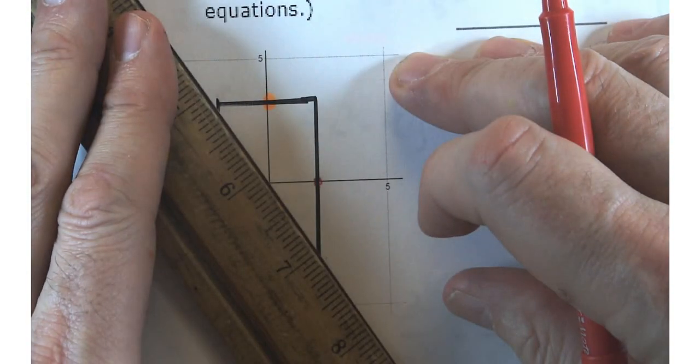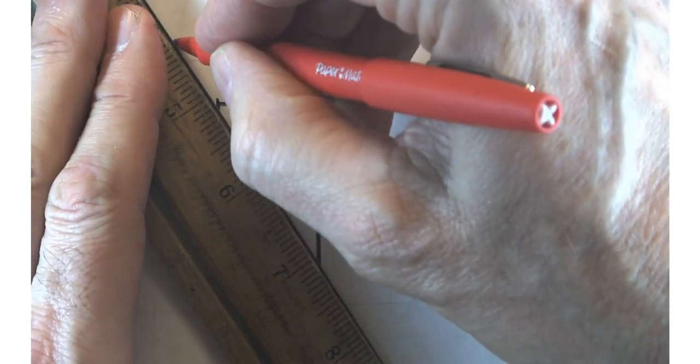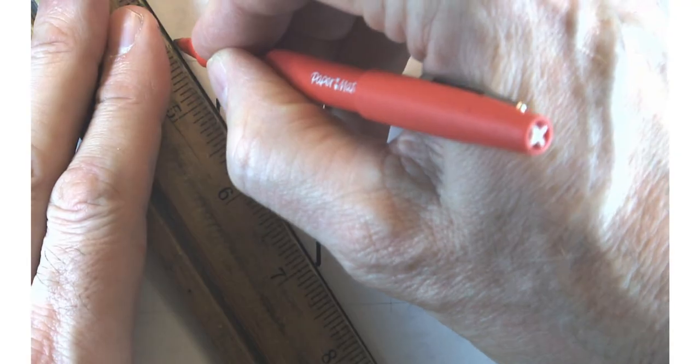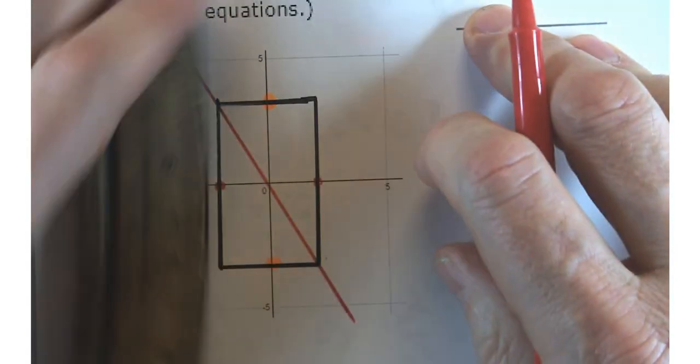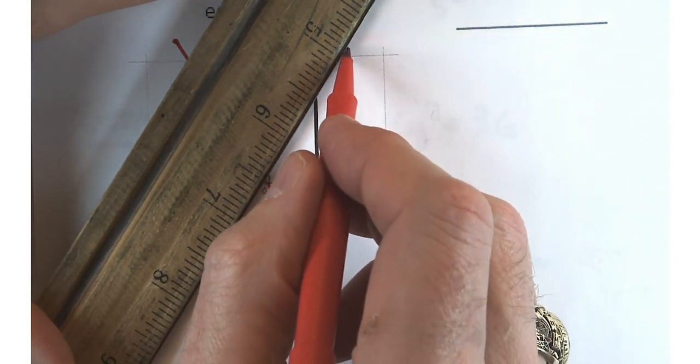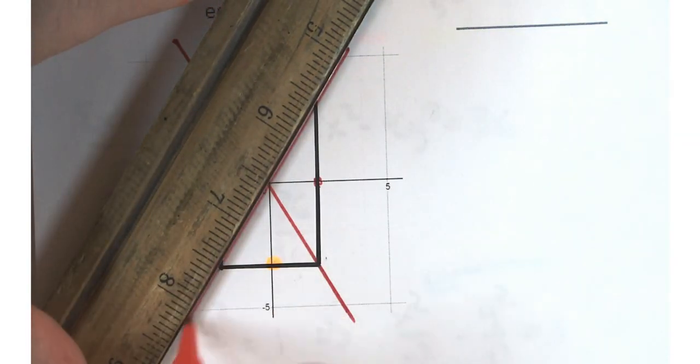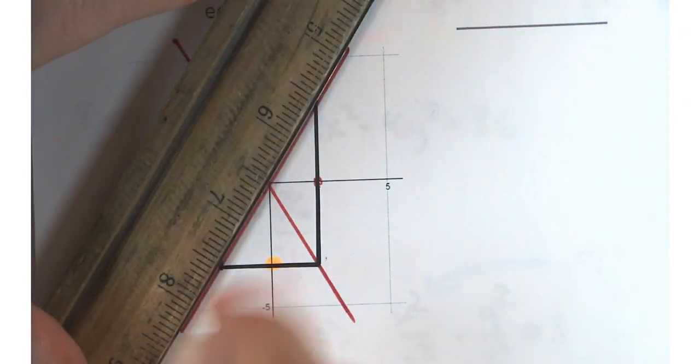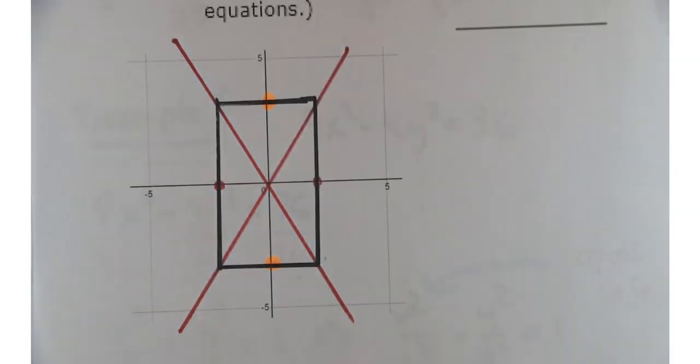Let's run the diagonals through this. If I did a decent job of plotting this, these lines should intersect at the center. Looking pretty good there. These are going to open left and right. I think Antonio mentioned that.